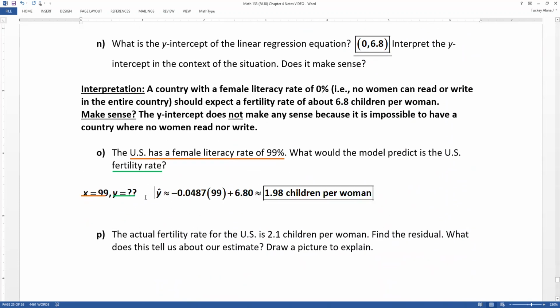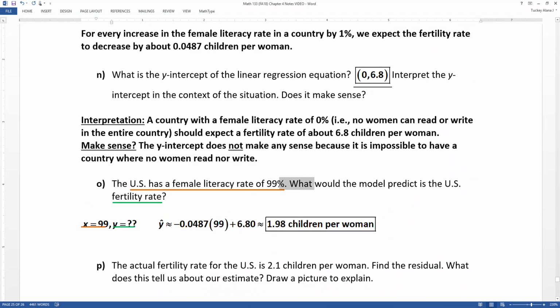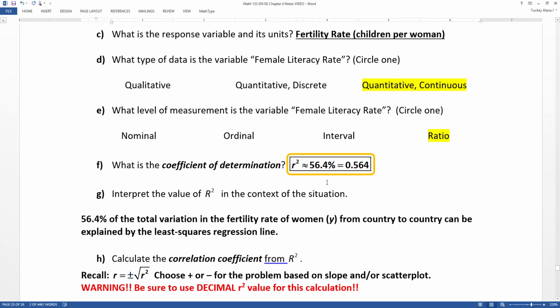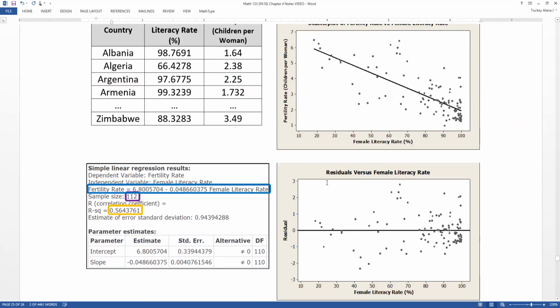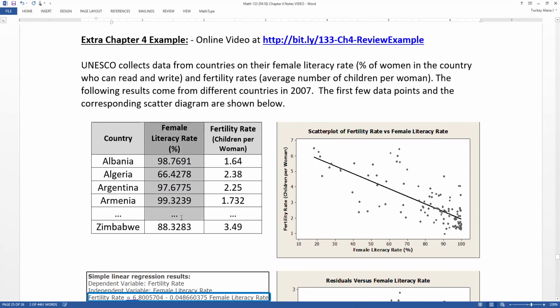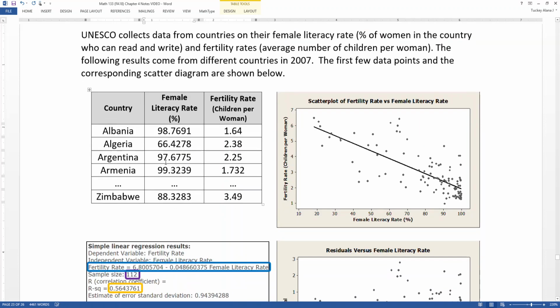Now for the record, I'm using 99 because if you look at the table, even though this is a percentage, you can see that we're using numbers, like 98%, 66%. So we're using whole numbers, if you will, with decimal components. So we're not moving the decimal over for each one of these, and I won't move the decimal either for my data set.